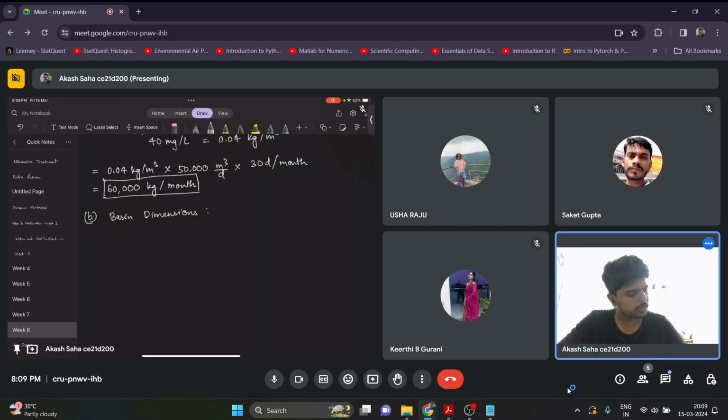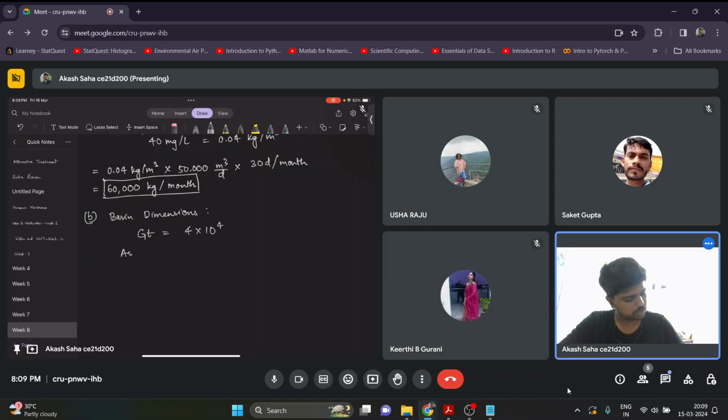We know that in the question my GT value is given as 4 into 10 to the power 4. So now if we want to find out the time, we have to assume some G value. So first we will just assume some G value.